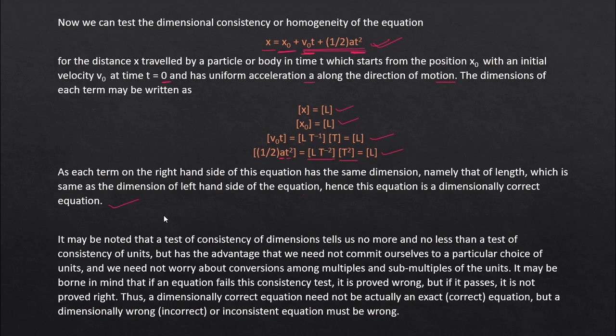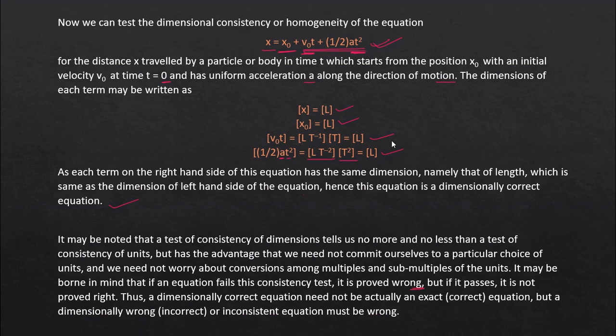Now it may be noted that the test of consistency of dimensions tells us no more or less than the test of consistency of units, but has the advantage that we need not commit ourselves to a particular choice of units. We need not worry about conversion among multiples and submultiples of the units. It may be borne in mind that if an equation fails this consistency test, it is proved wrong.